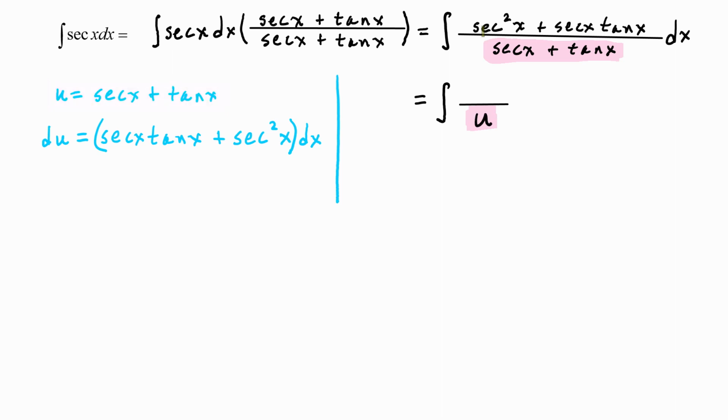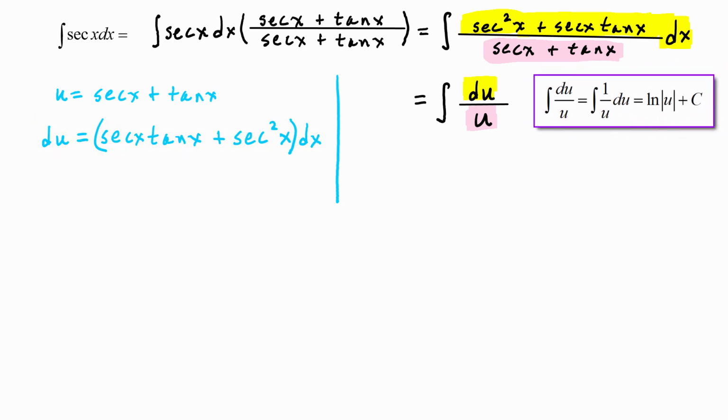And in the numerator here, secant squared of x plus secant x tangent x times dx, that whole entire thing we can see appears right here, and that gets to be replaced with a simple du. Very powerful substitution here. We know that the integral of du over u is equal to the natural log of the absolute value of u plus c.